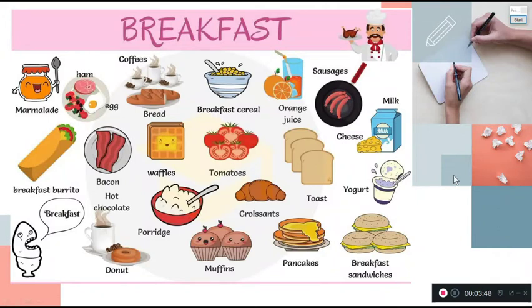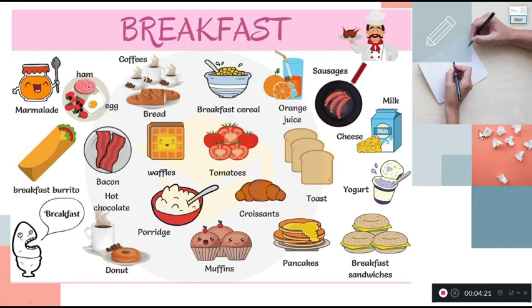Here we have some examples of food that we can have for breakfast. For breakfast, we have, for example, breakfast cereal, orange juice, sausages, milk, yogurt, toast, breakfast sandwiches, pancakes, donuts, bacon, breakfast burrito, ham, eggs, marmalade, coffee, waffles, tomatoes.